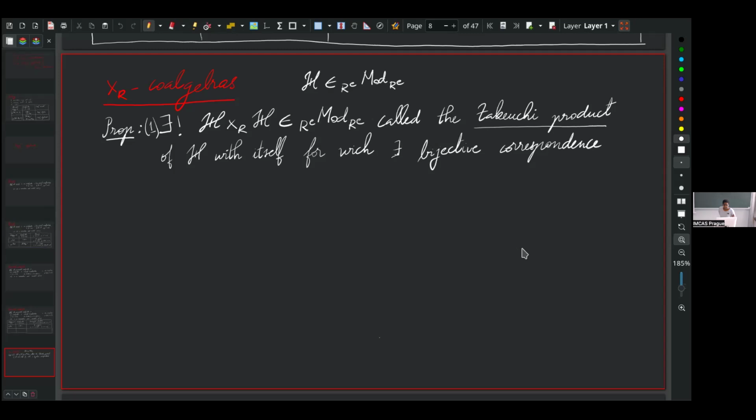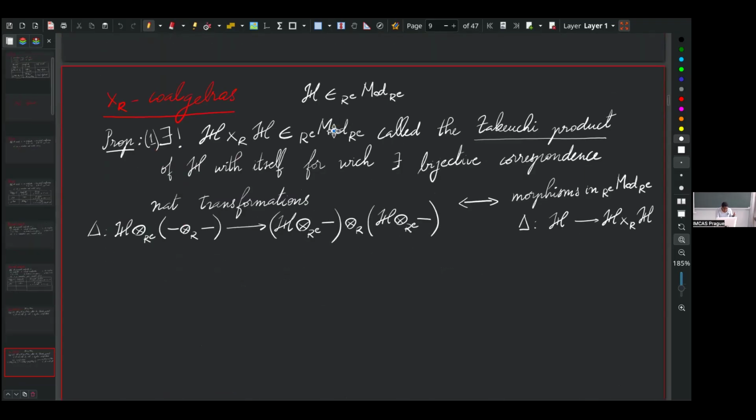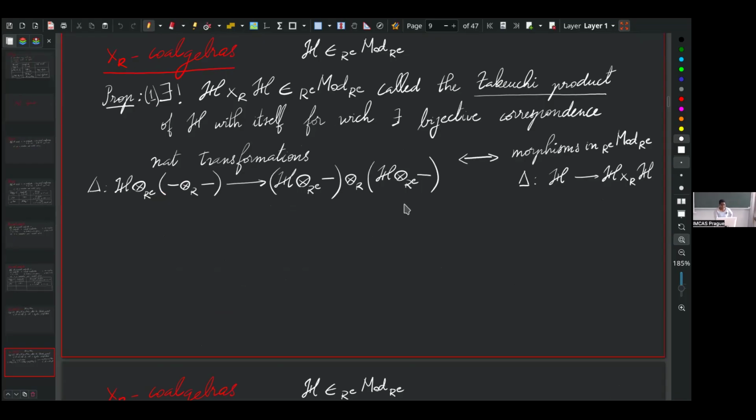For our R^e bimodule, curly H, there exists an object in the category of R^e bimodules such that we have a bijective correspondence between the natural transformations from tensoring and then applying H to applying H separately and then tensoring, and the morphisms of R^e bimodules from H to the Takeuchi product.